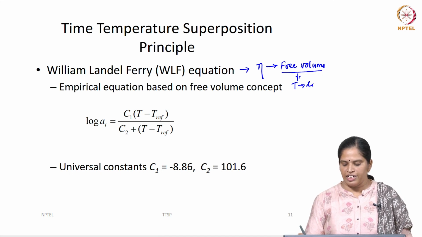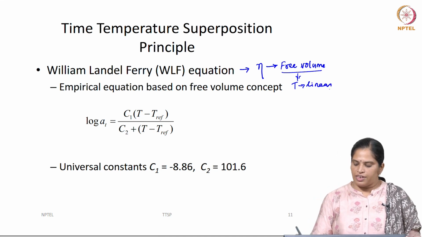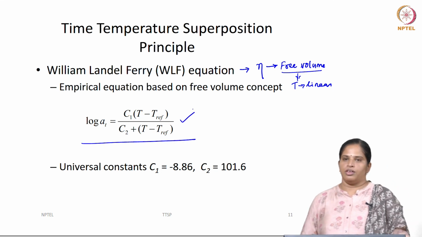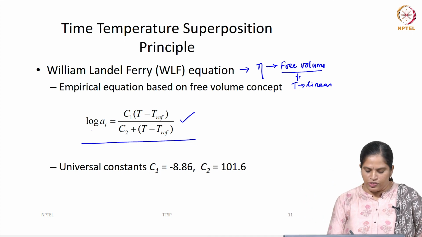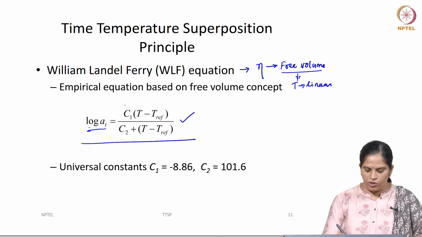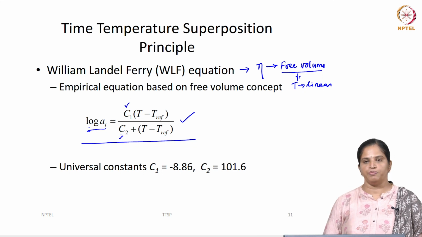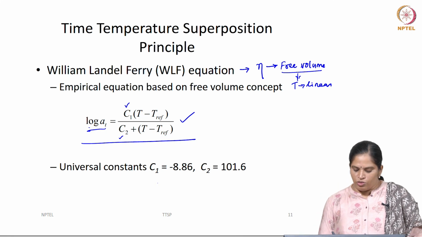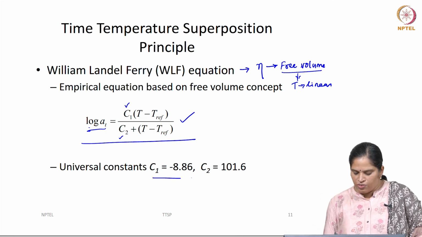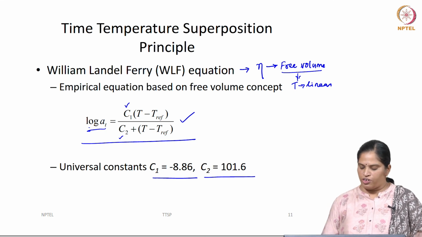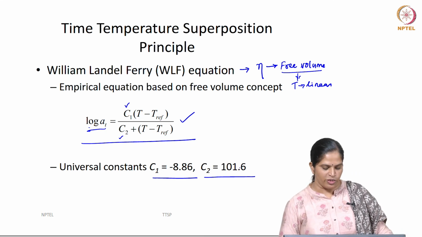With this assumption, this empirical equation was derived. The final empirical equation looks like this: log aT as a function of two constants C1 and C2. Universally we use the C1 value to be minus 8.86 and the C2 value to be nearing 100, so the exact value is 101.6.